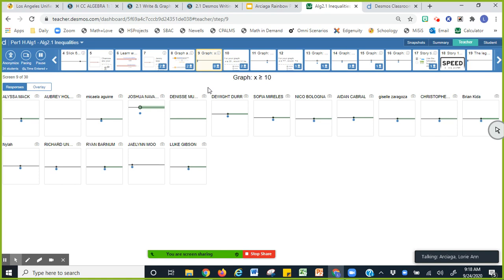Let me say that again: if the variable is on the left hand side. But I don't want you to get that generalization and think that it's true all the time. You have to be very careful. In middle school, the standard way of writing inequalities is with the variable on the left, but in high school you might see some examples in which they are reversed. So if that's the case, make sure you're shading correctly.